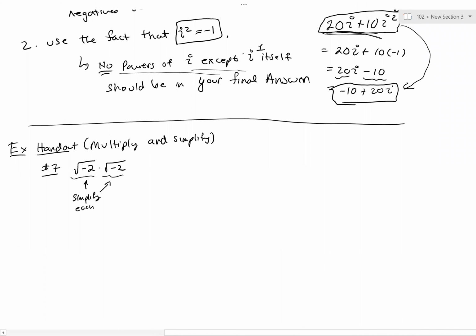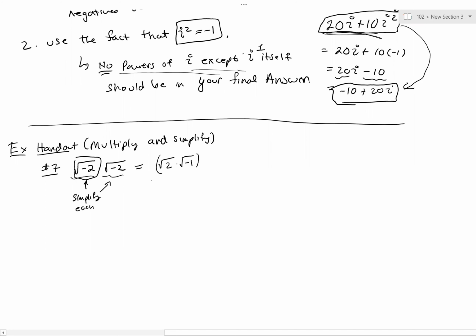So simplifying the square root of -2, remember how we did that. I can write this as the square root of 2 times the square root of -1. I am skipping one tiny step compared to the first video, but we're allowed to separate it this way.